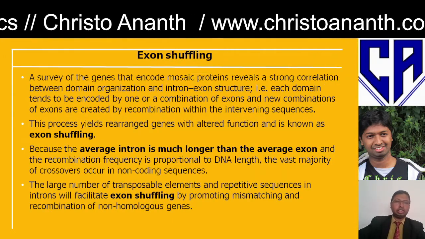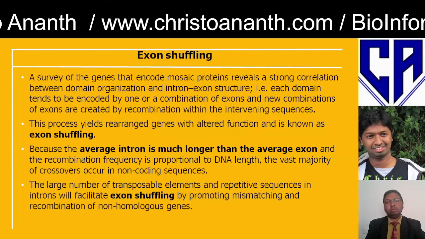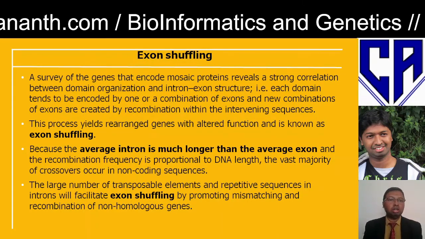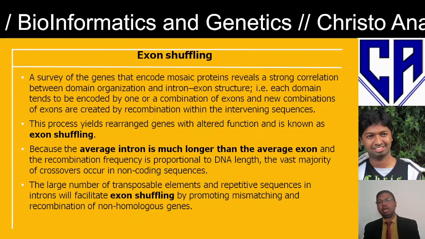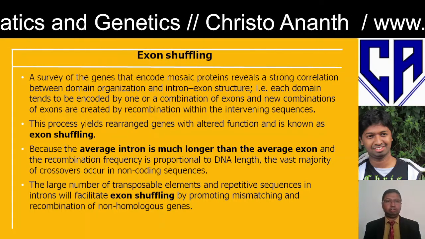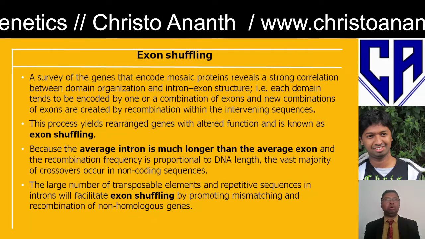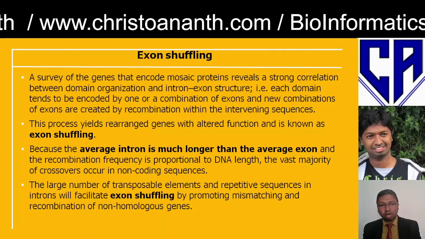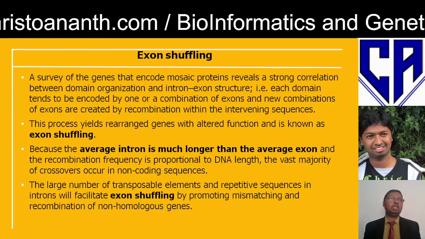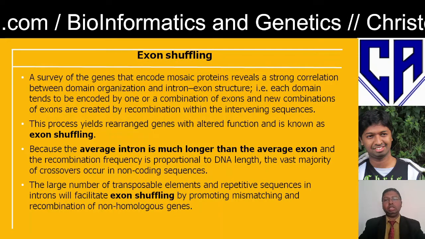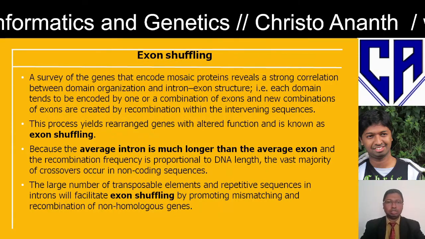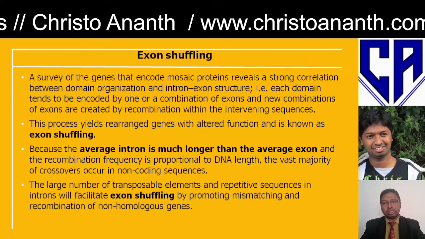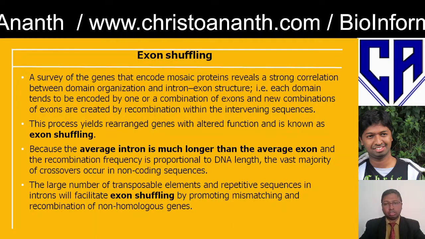So we have taken a survey of genes that encode the mosaic proteins. We see a very strong correlation between the domain organization and the intron-exon structure. Generally each domain is encoded by one or a different combination of exons, and new combinations of exons are created by recombination within the intervening sequences as well. Okay, so this process of rearranging genes with altered function is called exon shuffling.